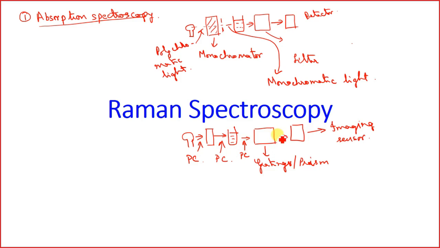Then from the gratings there is a decomposition of the light components, and when it falls onto the sensor array, each smaller sensor receives one or several wavelengths of radiation.